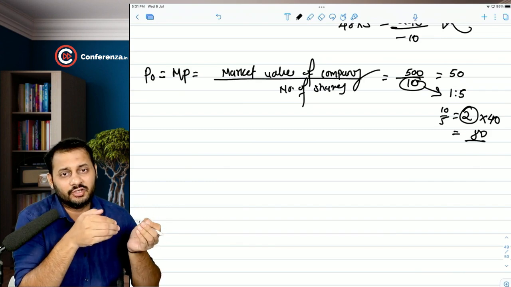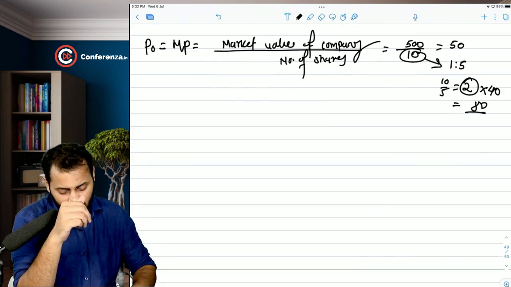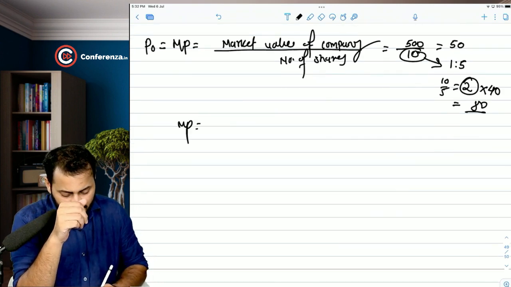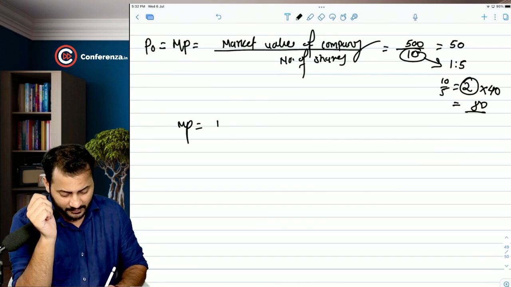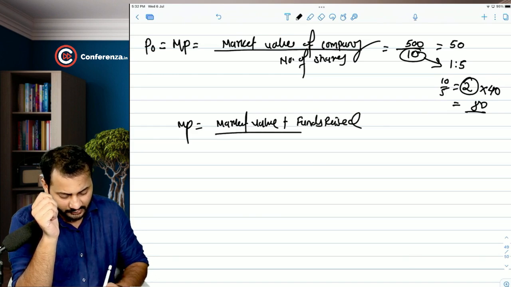So once 80 crore comes in your bank account, your market value will also increase by that amount. So practically speaking, after that, the market price will be calculated like this: market value plus funds raised, divided by total shares.